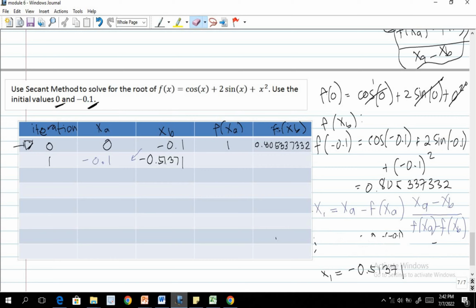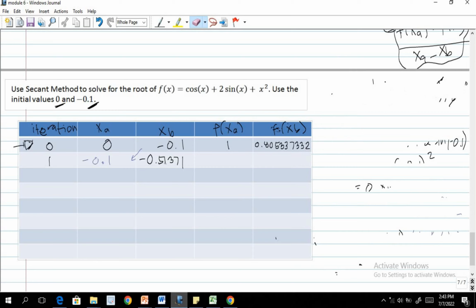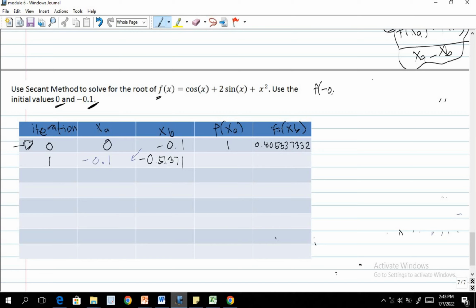So, for the function of a, paano ulit natin kukunin yung function of a? So, again, itong xb, itong bagong value ng ating xa, isa-substitute natin ngayon siya dito sa may fx. So, that will become now f of negative 0.1 is equal now to cosine of negative 0.1 plus 2 of sine x plus x squared.